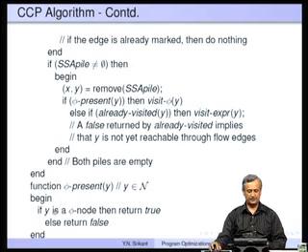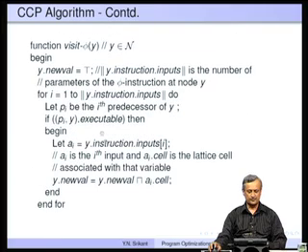So, phi present y is simple. If y is a phi node, then return true, otherwise return false. So, what does visit phi y do? y is a node. So, take y.newval as the undefined value. Let y.instruction.inputs be the number of parameters of the phi instruction at the node y.